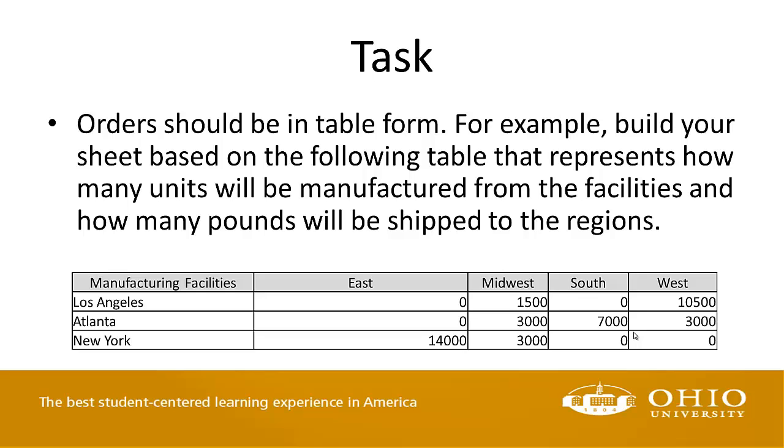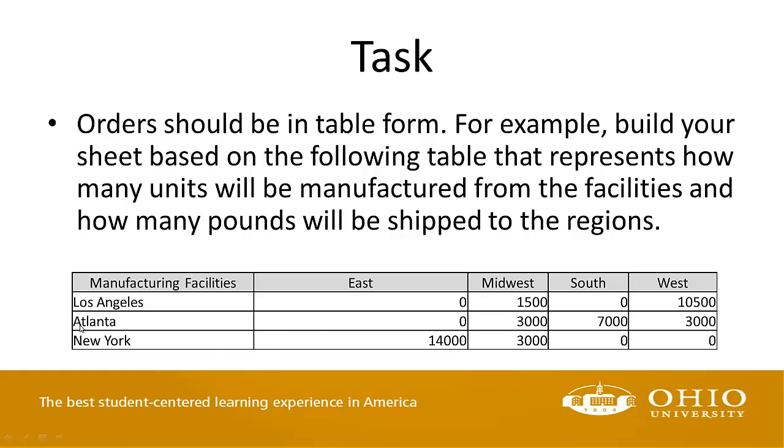Inside this table, this represents the schedule. So if right now I am sending out, let's say, 1,500 pounds from Los Angeles to the Midwest region, I'm then also sending 7,500 pounds from Los Angeles to the West region.